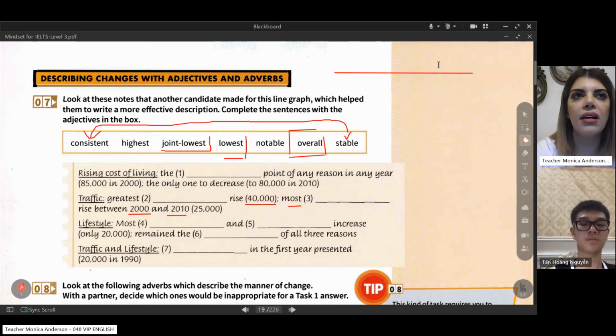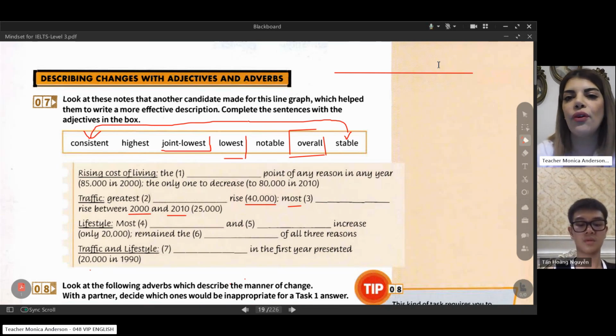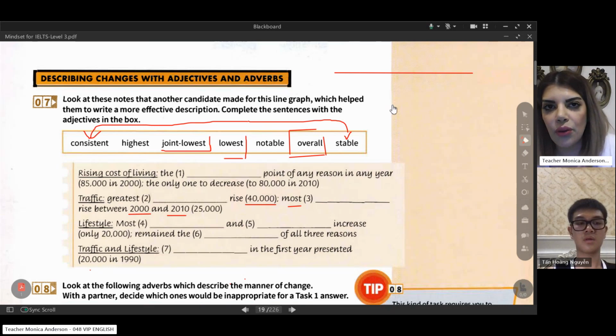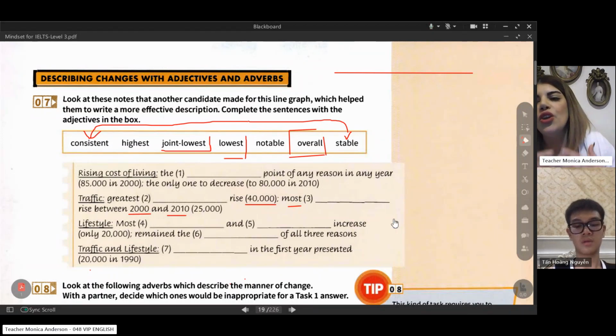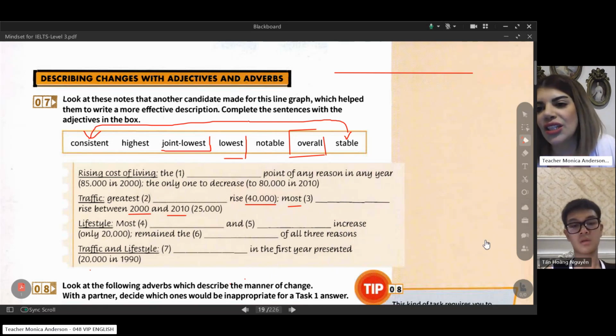And if you want to know the noun for stable, that is different. You can use stable as a noun, it's okay, but here it is definitely an adjective.